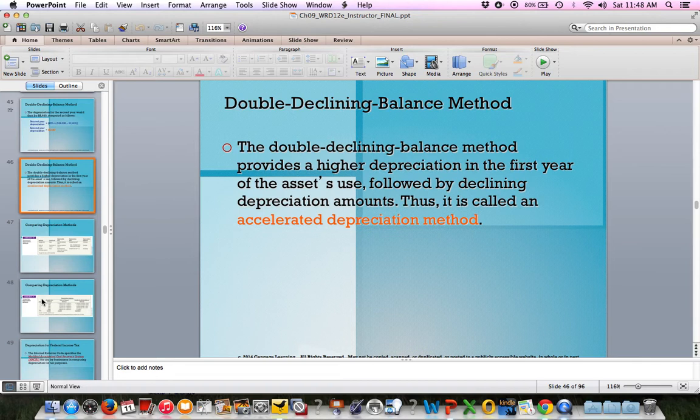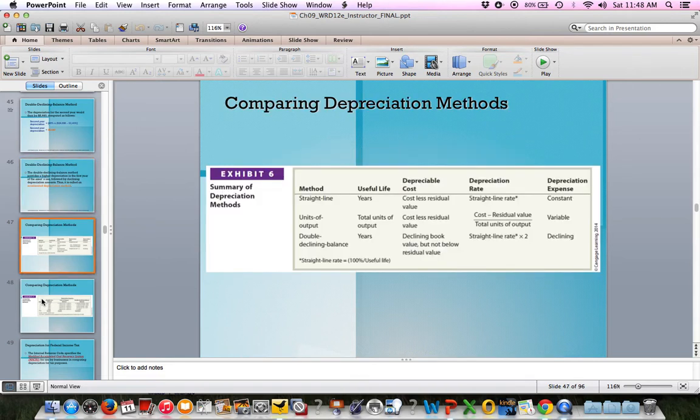So double declining balance method provides a higher depreciation in the first year, followed by declining amounts thereafter. So we call it an accelerated method. And so you can see here we've got a nice little summary of all 3 methods: straight line, units of output, and double declining. Okay, so just a nice little one-stop shop for a summary of each.